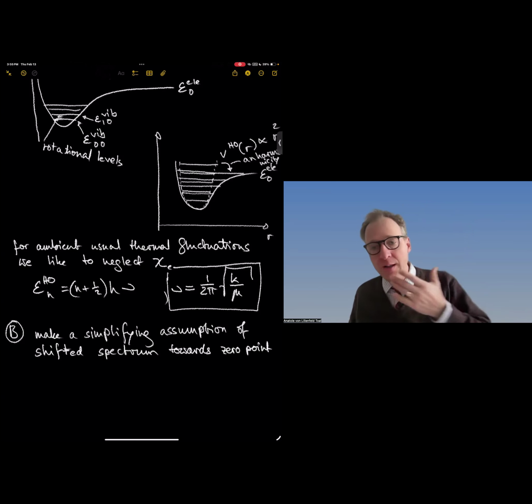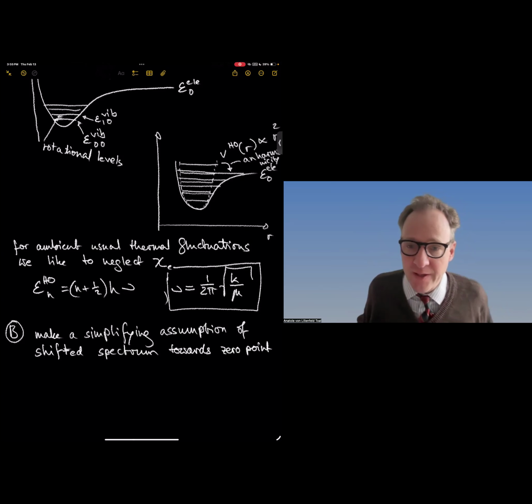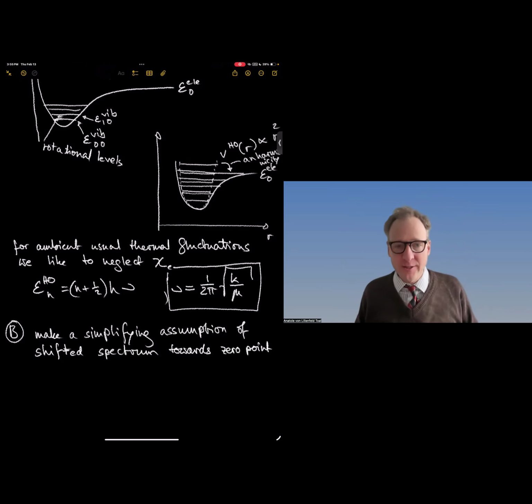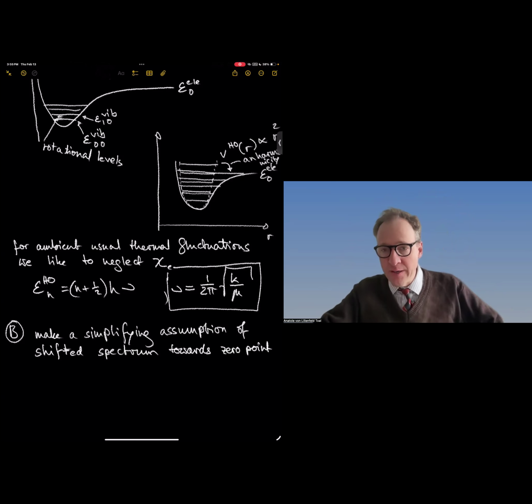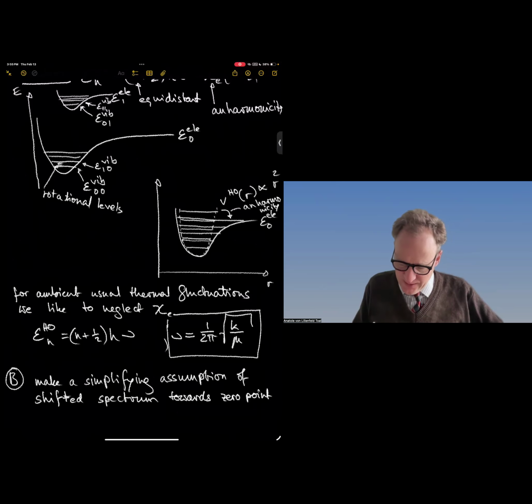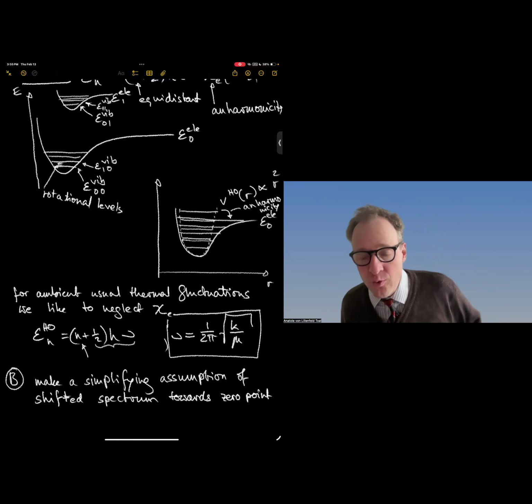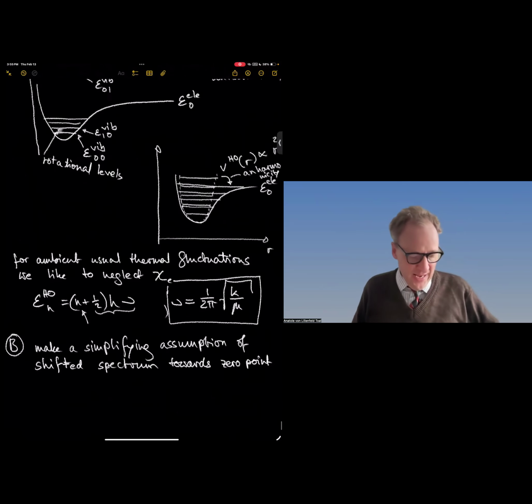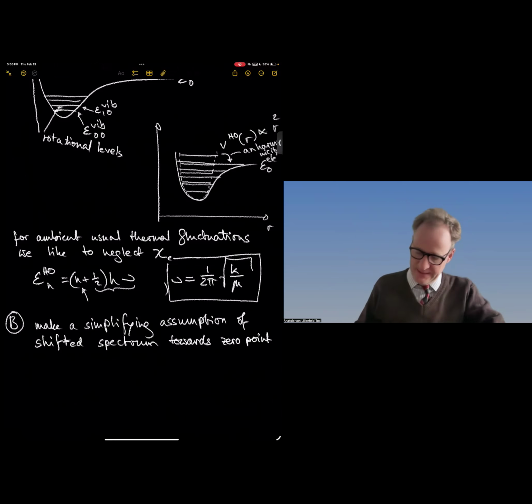So you may recall that the solution of Schrödinger's equation for the harmonic oscillator gives you, even for the lowest state, an energy contribution, which is known as the 0 point vibrational energy, right? Even if your quantum number is 0, you will always have this 1/2 h nu left over. And we'd like to get rid of this.